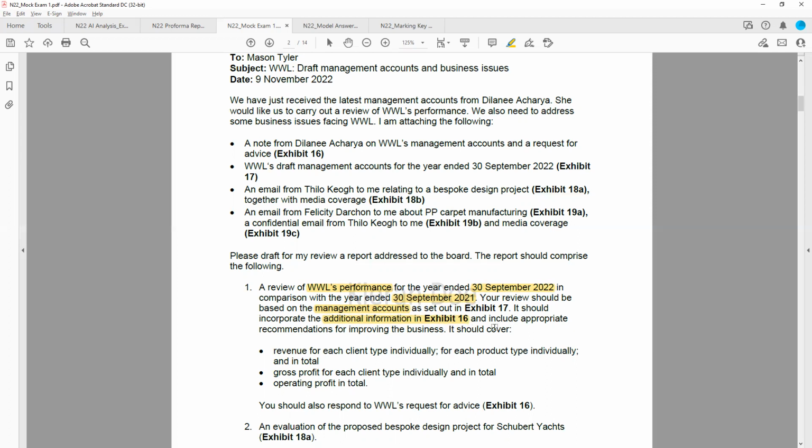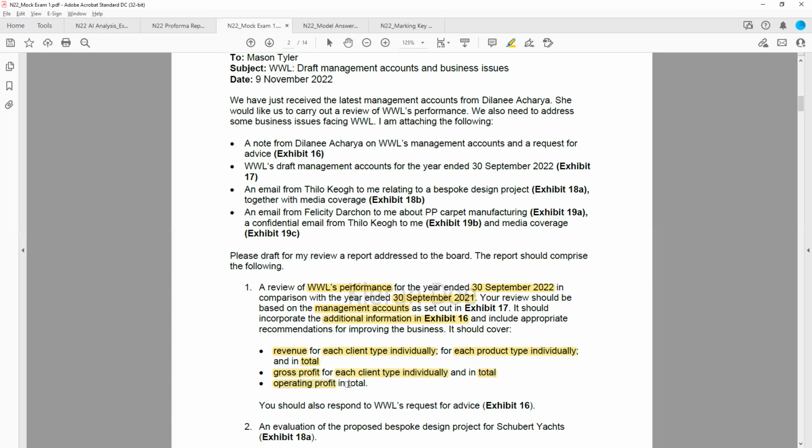Then we're told specifically what to focus on, and this is very important that we read this part very carefully. Revenue for each client type individually, each product type individually, and in total. So they want revenue in total, but then also for each client type and each product type. Gross profit for each client type individually and in total.